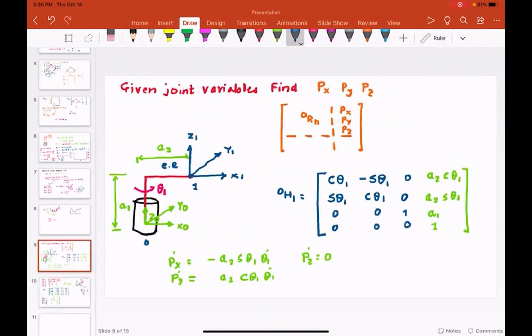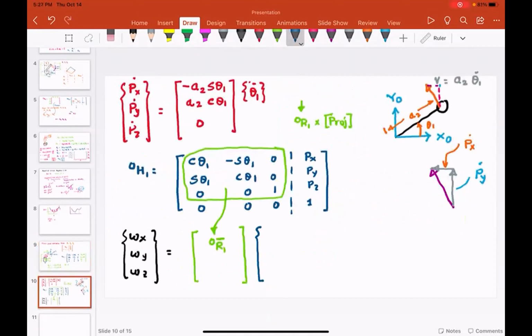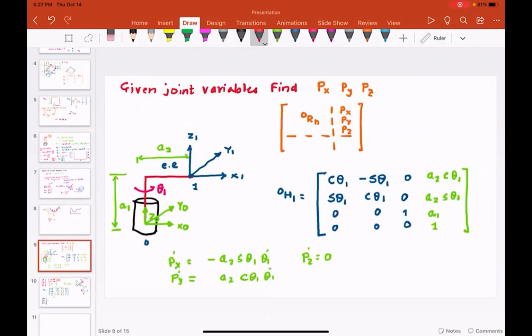So I want you to think about where the joint angular velocity is. Actually, let me take it back just a second. I don't want to go there in advance. First of all, here the rotation matrix has to come. Right now the rotation is theta 1.